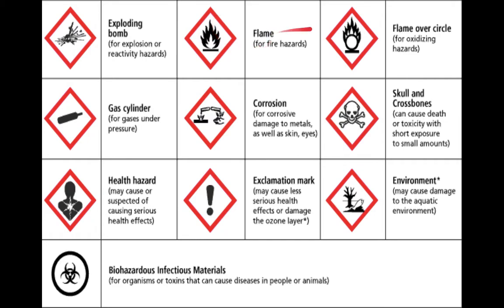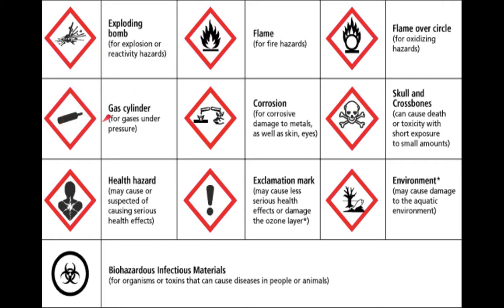So we have your explosion and reactivity hazard, flammable. It says flame now. Flame over circle is for oxidizers. I want you to understand that the O is for oxygen. Oxygen causes fire. These aren't flammable themselves. These add to fires. They do other oxidizing things too, but the hazard is fire hazard.